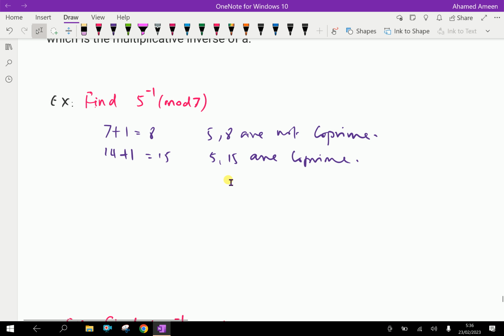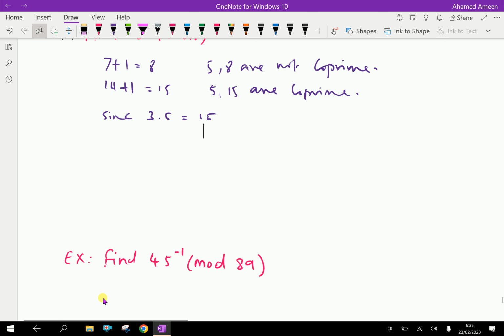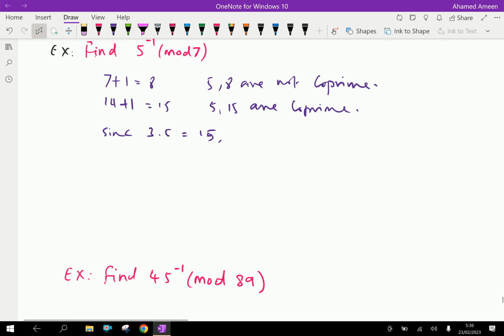Therefore we can say, look here, 3 times 5 equals 15. Therefore 5 inverse equals 3 mod 7.